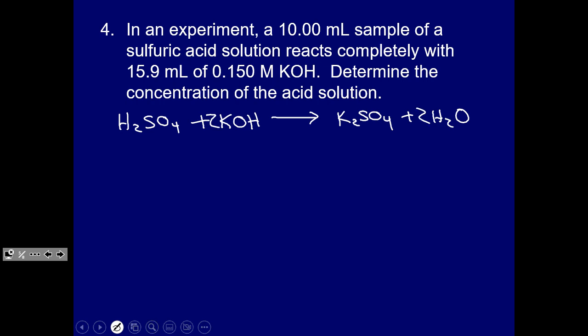All right. A 10 milliliter sample of sulfuric acid reacts completely with 15.9 milliliters of the KOH. We know the concentration of the KOH.